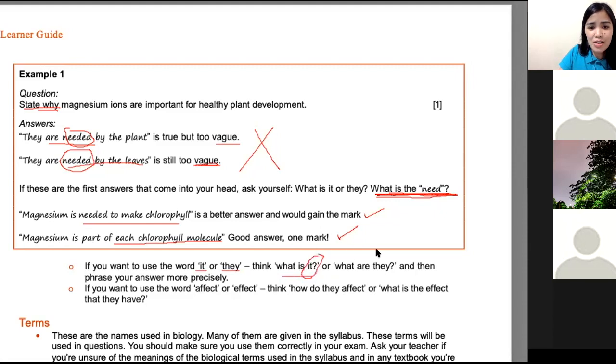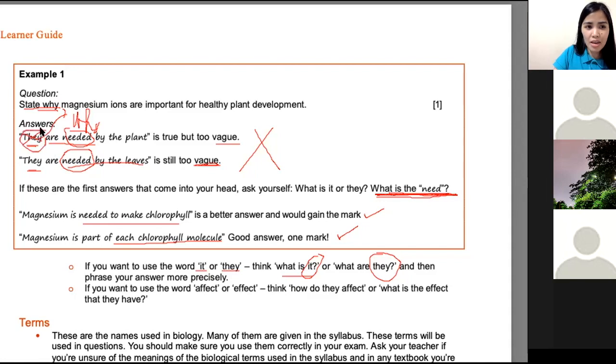This is also very important, guys, especially in my case, because say for example, you use they as the first word in every statement, and sometimes I will ask, what is they? What is it? This and that. So instead of using pronouns, why don't you use the noun?